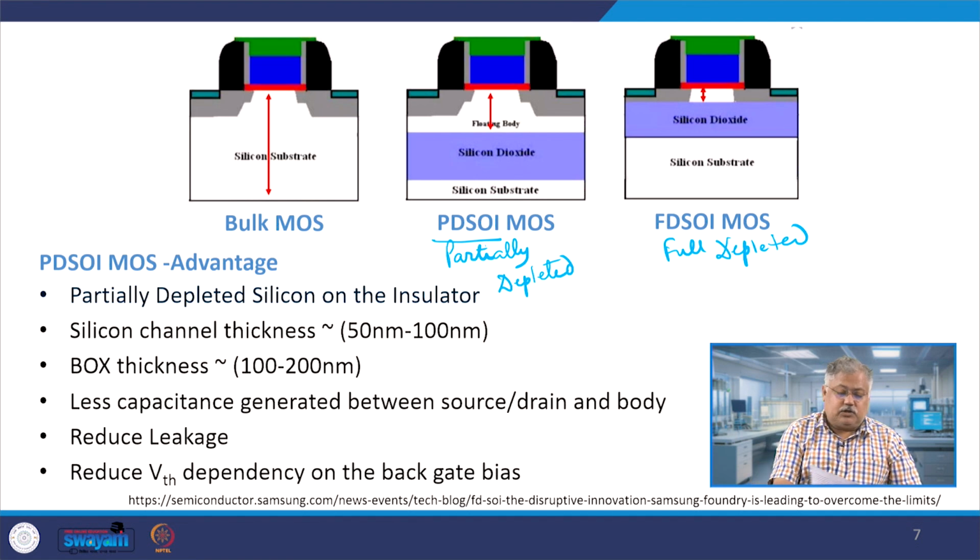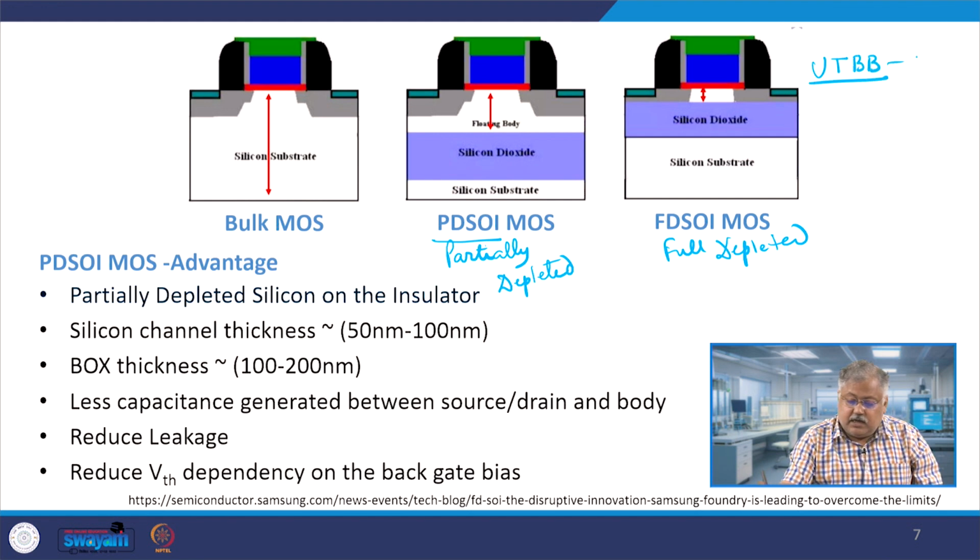Now PDSOI has some advantages, and FDSOI has its own advantages. There is also another type of device known as UTBB, ultra thin body and buried oxide, back body bias, FDSOI device. Now the insulator layer, the silicon dioxide which you see, does not allow the source and drain to talk through the substrate.